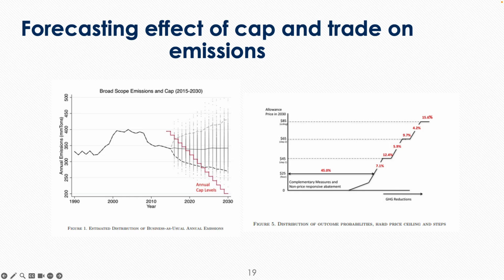So looking at basically the emissions effect, right? And so as you ramp down your annual cap levels, what it's actually going to look like in terms of outcomes in emissions. And part of this work was specifically focused on thinking about the prices that we would see on those markets, right?